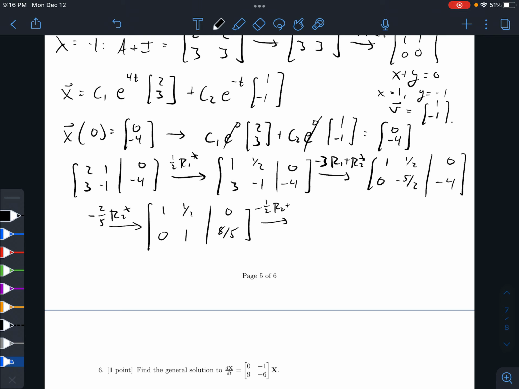Negative a half times row 2, add it to row 1. Becomes negative 4 over 5. So kind of gross numbers, but it is what it is. This tells us that c1 is negative 4/5 and c2 is positive 8/5.